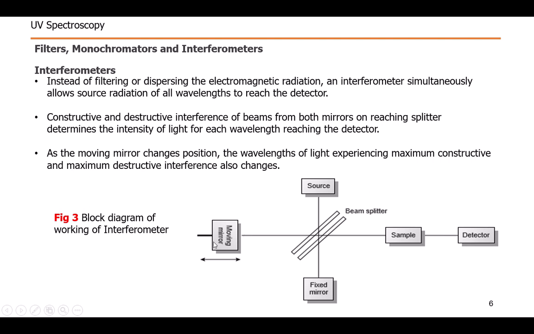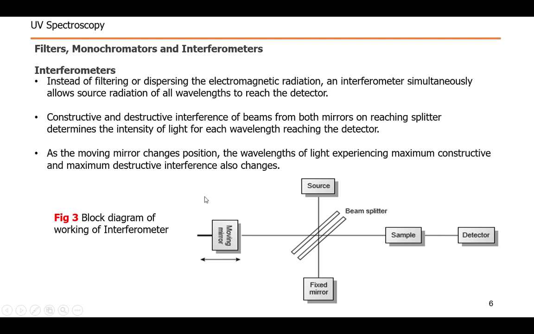A moving mirror is slightly moved either towards left or towards right in order to make the desired wavelength make maximum constructive or maximum destructive interferences, and only those radiations with maximum intensity would fall on the sample. So it is the best method to get the monochromatic radiations to fall on the sample.